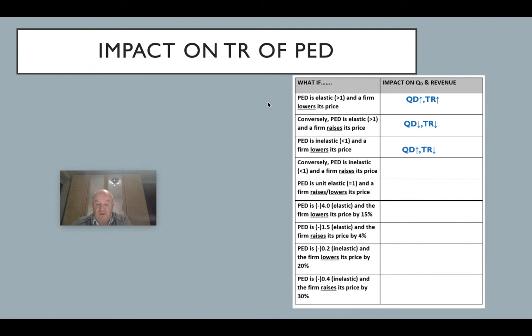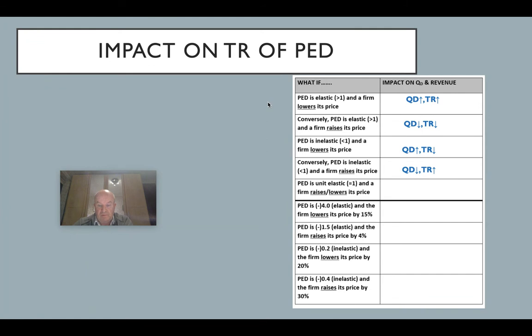So quantity demanded would still go up by a small amount, but in that instance, total revenue would fall. Let's take a look if there's an inelastic situation and the firm raises its price. In that case, the quantity demanded might actually go down, but the total revenue would actually increase.